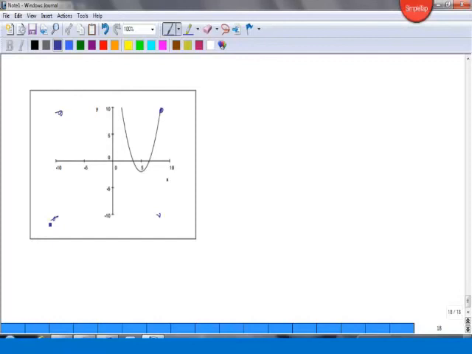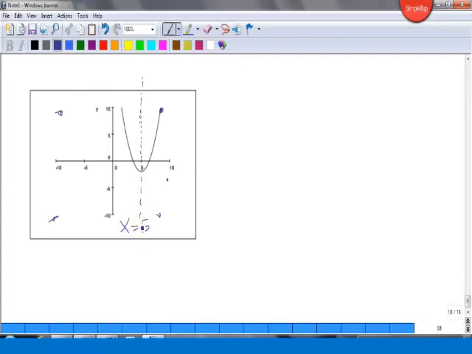Now, does that mean it has absolutely no kind of symmetry at all? It does have some symmetry. We'll talk more about this type of symmetry in section 3.1 when we talk about graphs of quadratic functions. It is symmetric with respect to the vertical line x equals 5. So that's not one of our three types.